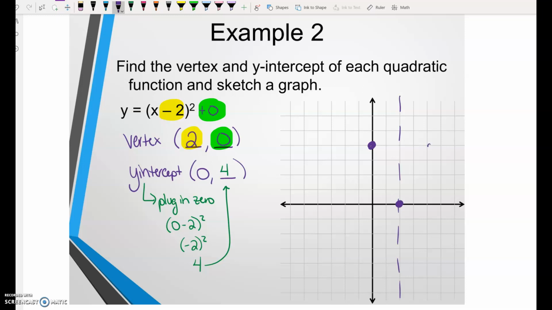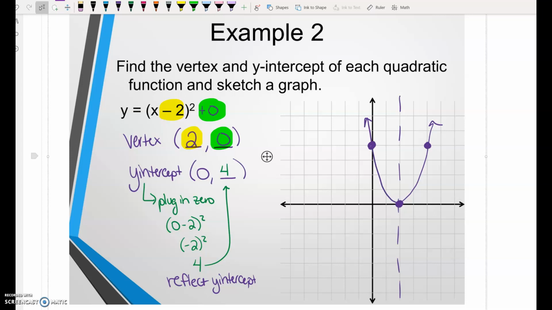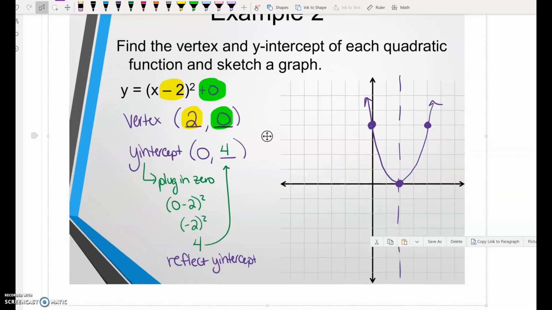And then reflect that over your symmetry line. You really only need 3 points to draw a parabola. You need the vertex, you need one other point that you can reflect over that symmetry line, and then you've got enough information to draw in your parabola.